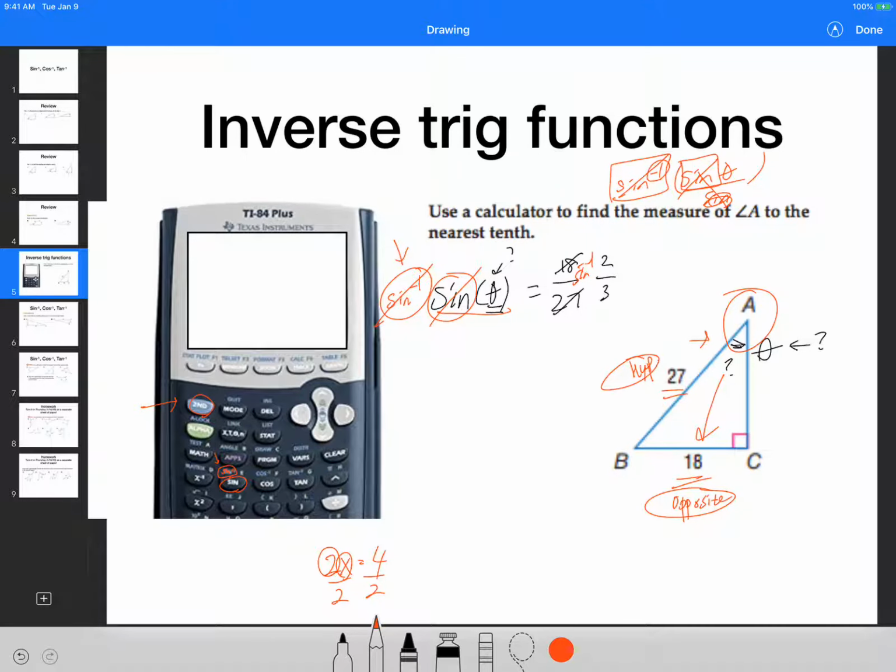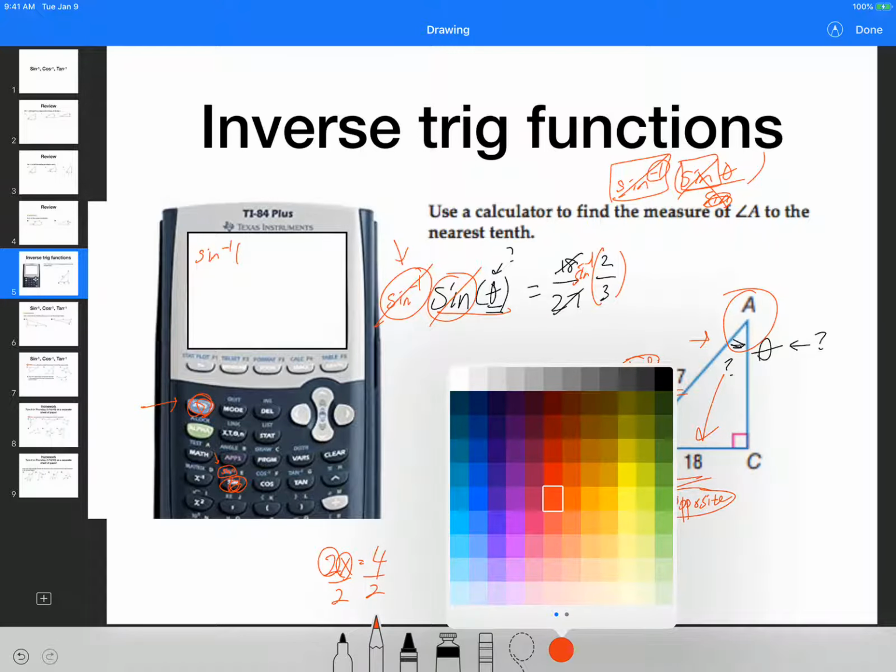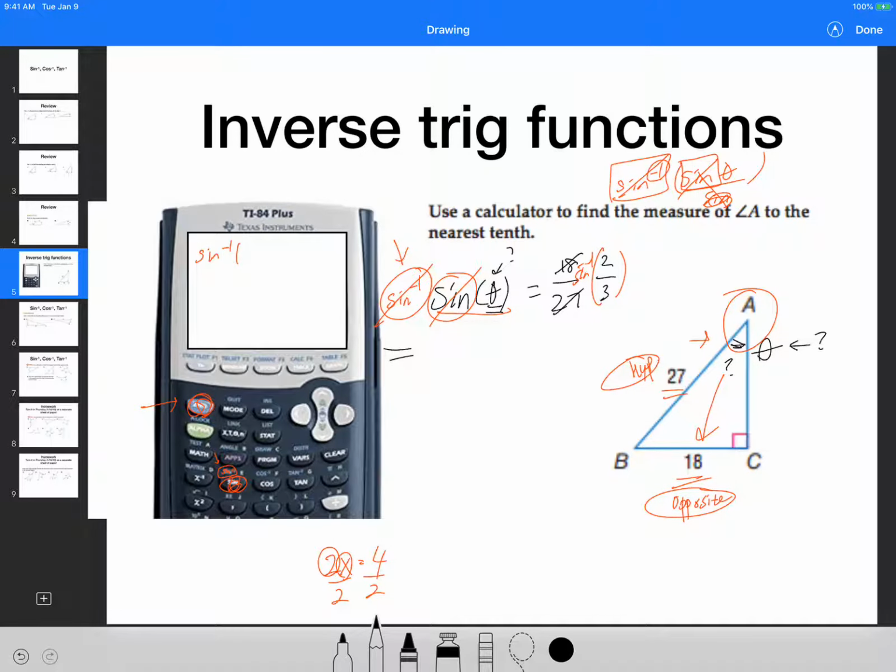So you're going to press second, and then you're going to press sine, and it should show up as sine inverse, and it will open up a parentheses for you. And then, because what we're looking for is, if you were to go back to this thing that we just solved for, theta by itself is equal to sine inverse 2 over 3. So that's what you're going to type in here, 2/3, close parentheses, and press enter.